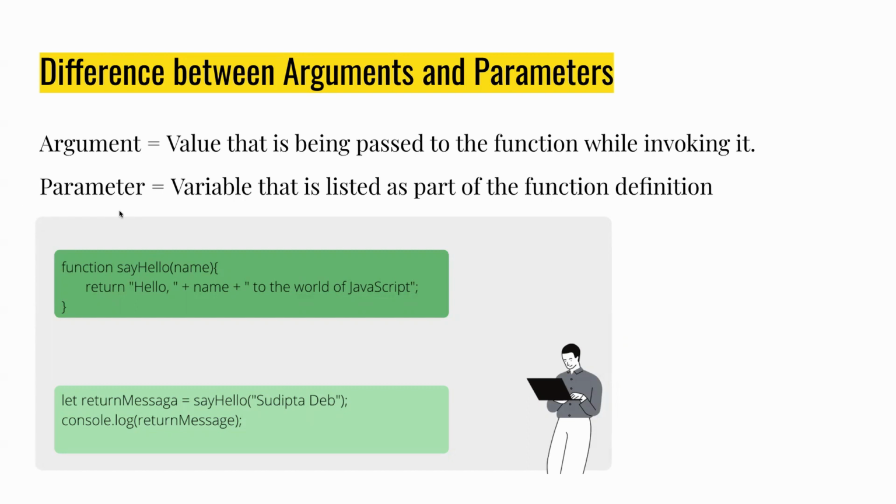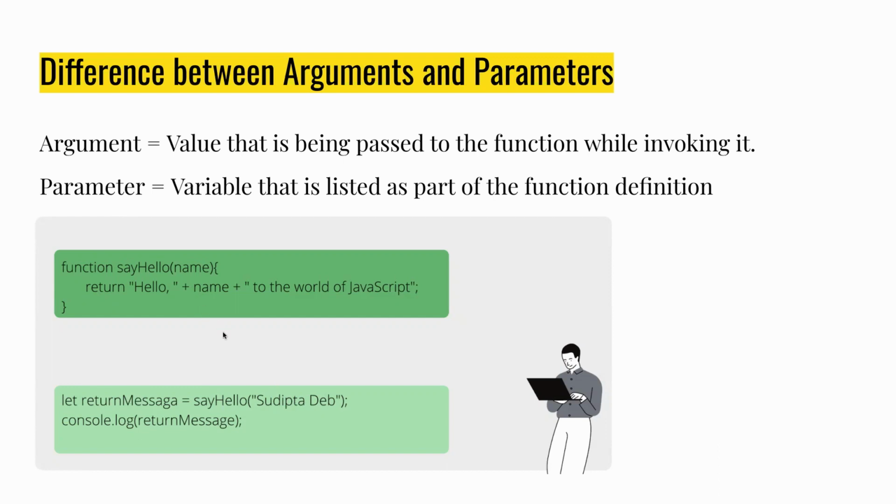So if I see this example here, in here, I am declaring or defining a function called say hello. And this is the name. This is a variable which will store the value that is being passed to this function. And this is the function body. Here, I'm invoking the same function, say hello, right? And this is a value that I'm passing to the function.